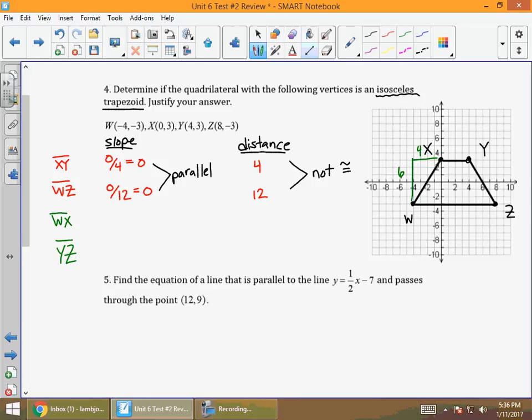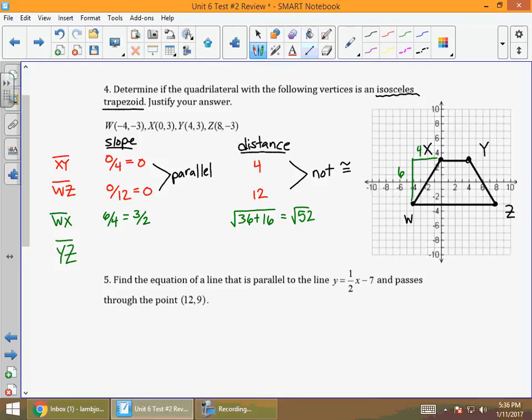So rise 6, run 4, which is 3/2. And the distance is going to be the square root of 6 squared, which is 36, plus 4 squared, which is 16, and 36 plus 16 is 52. So WX is the square root of 52 units long, which is just over 7.